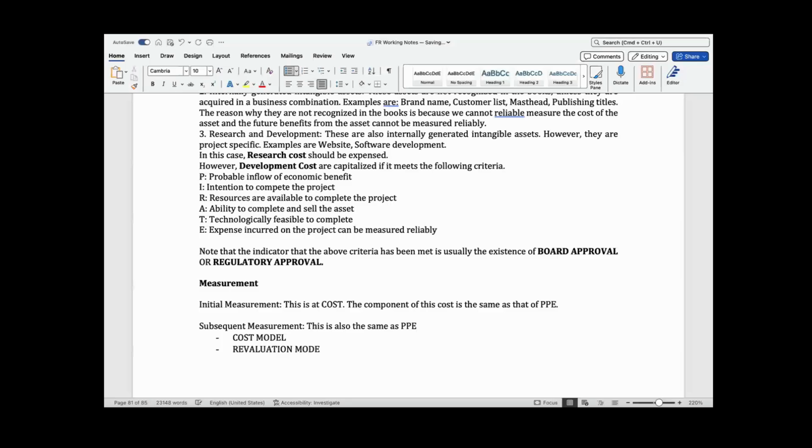Cost model and revaluation model. And what's cost model? Cost less accumulated depreciation or accumulated impairment loss. Thank you. Cost less accumulated depreciation, less accumulated impairment losses. Okay.